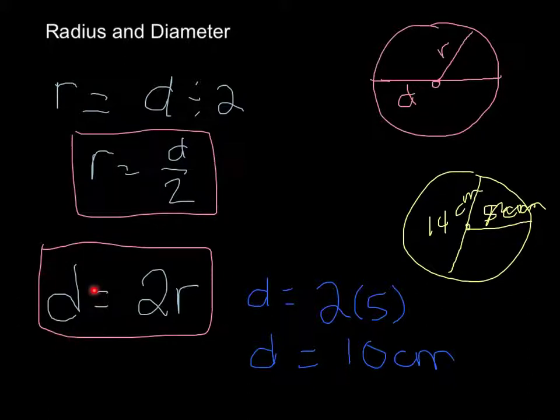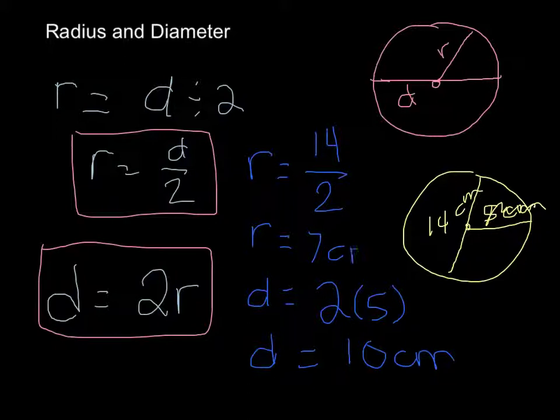I'm not going to use this one because I know what the diameter is. I'm going to use this one because I'm looking for the radius. So again, we plug in what we know. We don't know what the radius is, so we leave that as a variable. I know that my diameter is 14, divided by 2, so I just need to do that simple problem. 14 divided by 2 is 7, so our radius is 7 centimeters.